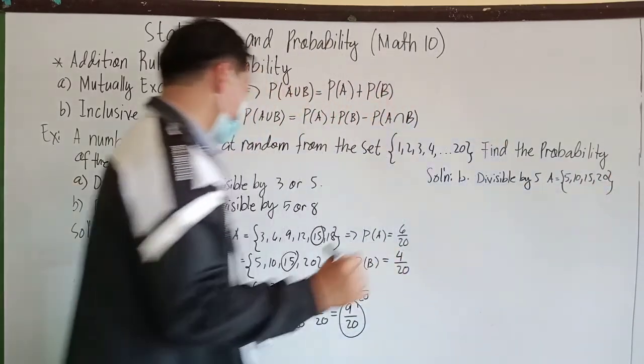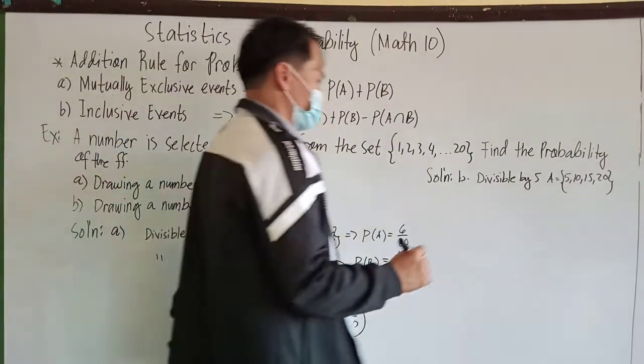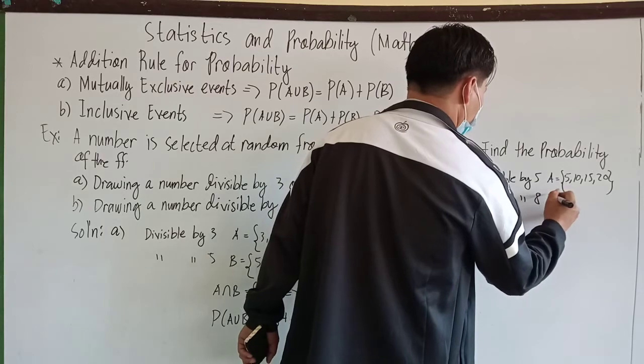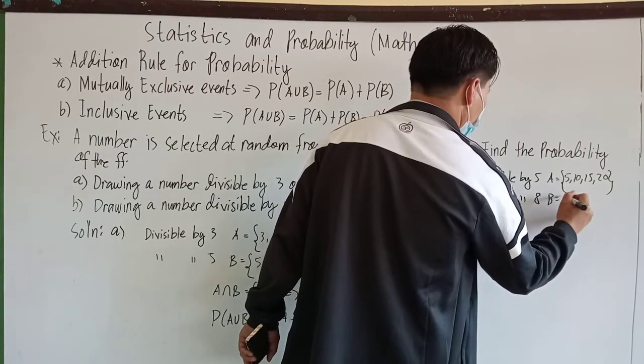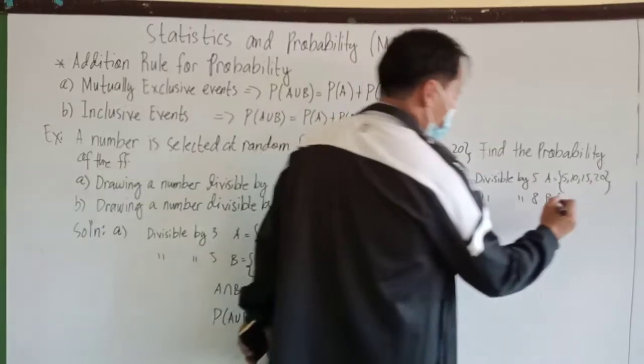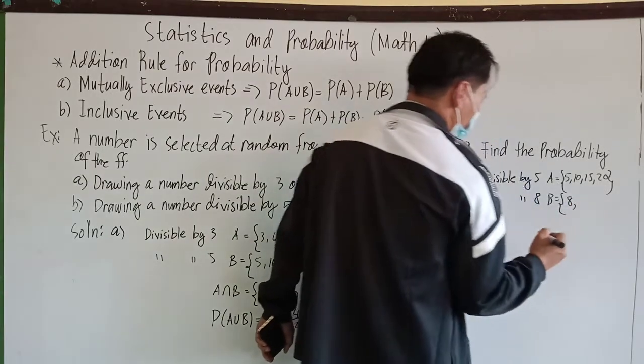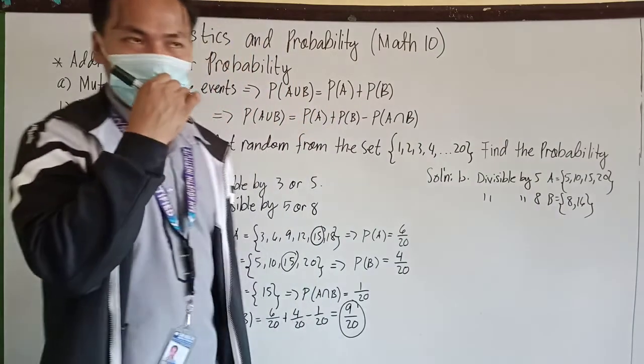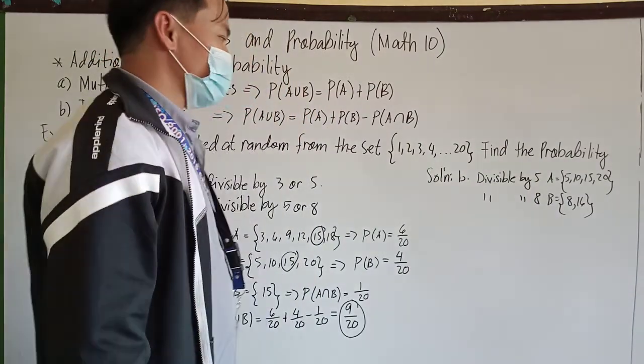Next, number divisible by 8. We call it set B. Of course 8 is divisible by itself, so 8 and 16 only, out of the numbers from 1 to 20.